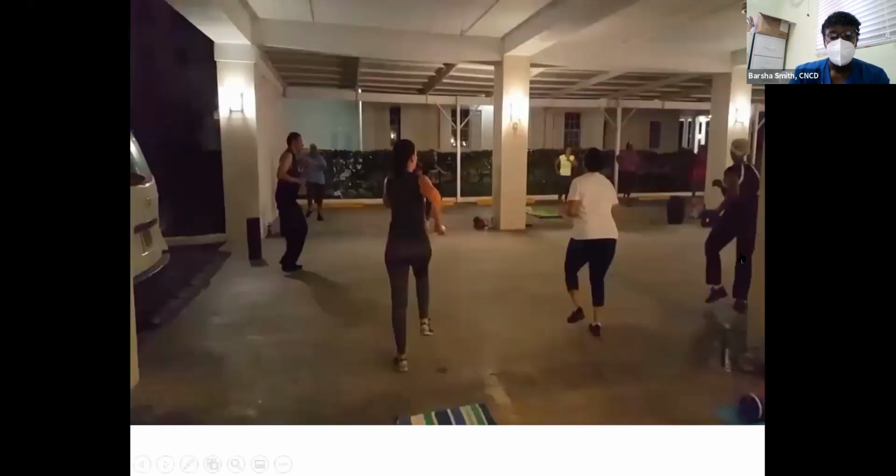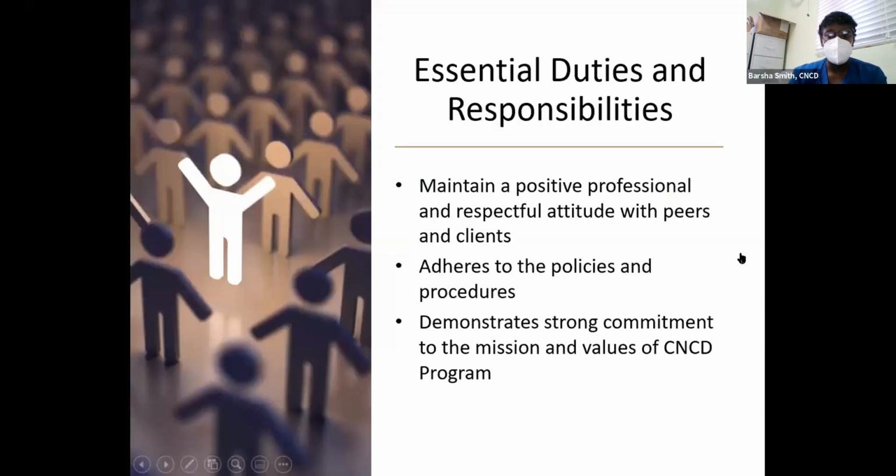Okay. So the last thing we're going to look at is just your role and responsibility. What is expected of you when you see a patient with CNCD? Of course, we know to continue to be professional, to adhere to the policies, to have a commitment within yourself that you're going to do everything possible to improve the quality of life for that patient.